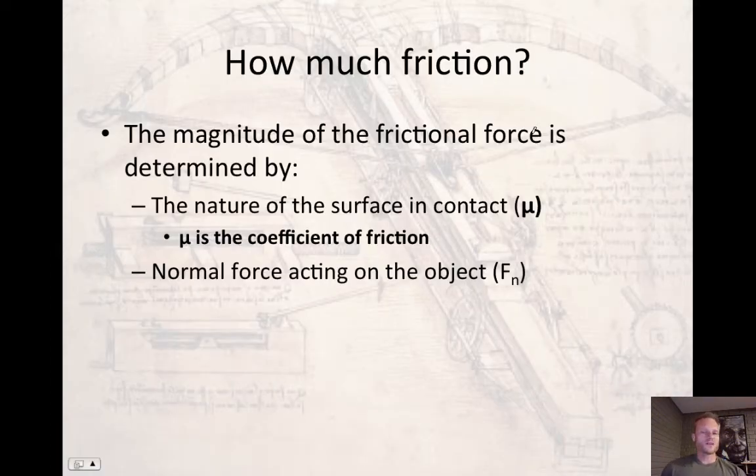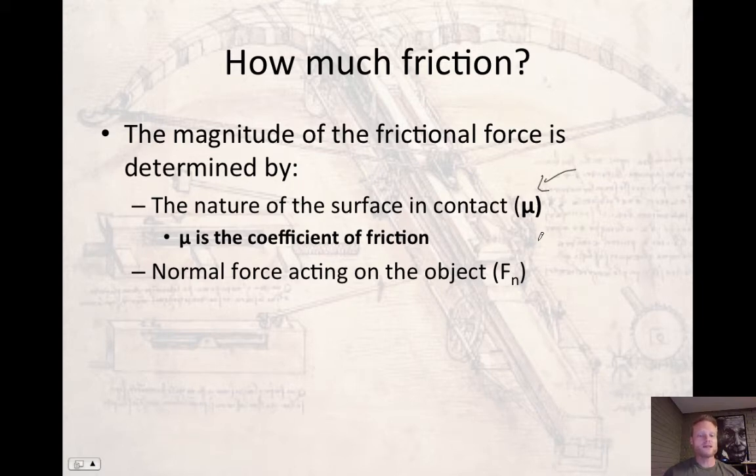How much friction is created from various surfaces is determined by, one, the nature of the surface. The nature of the surface is given a value called the coefficient of friction. The symbol is this weird looking U, pronounced mu, M-U, and that is called the coefficient of friction. That's typically something you're just going to look up.